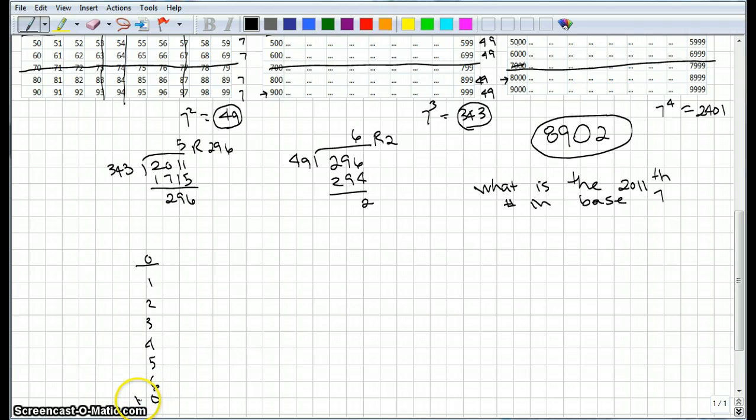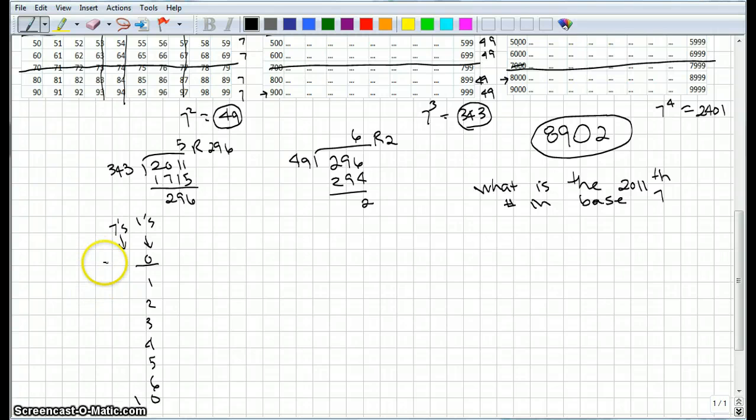So this place value here, this is the 1's place. This is actually the 7's place. So that keeps track of how many 7's you have. And then once you get up to 66, again, you run out of digits.